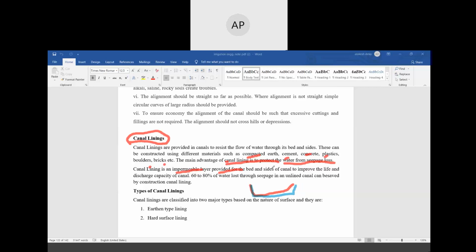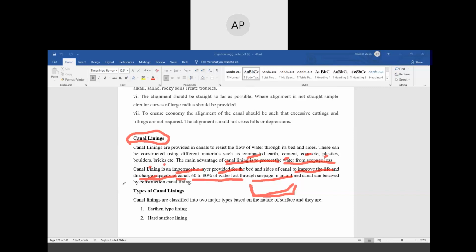It improves the life and discharge capacity of the canal. 60 to 80% of water is lost through seepage in an unlined canal. So to prevent the water loss, we have to line the canal.